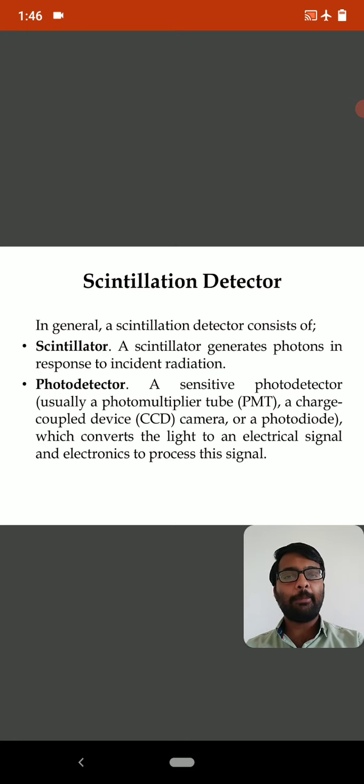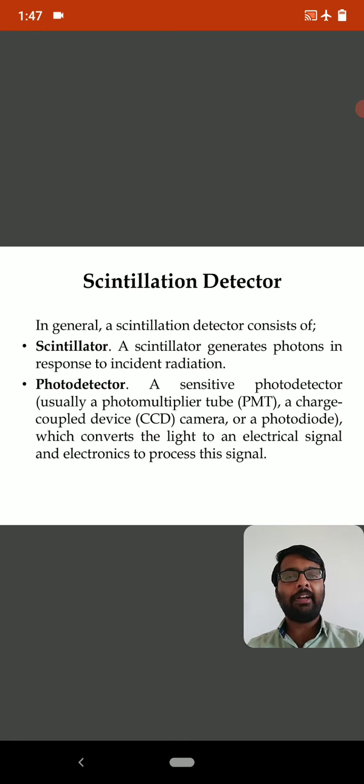So the main components of this scintillation detector are: the first one is the scintillator, which generates photons in response to the incident radiation. Then another one is the photo detector. The commonly used photo detector is the photomultiplier tube. Using that photomultiplier tube, we can convert the light signal into an electrical signal, and that electrical signal will be amplified to get a good pulse in response to that incident radiation.